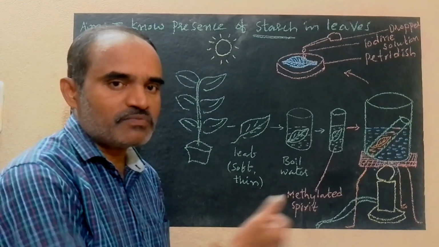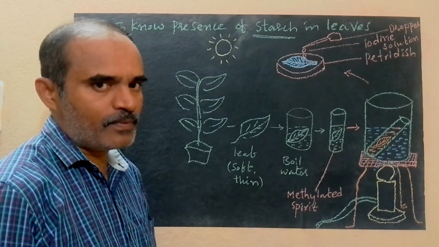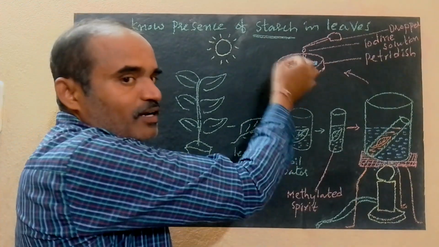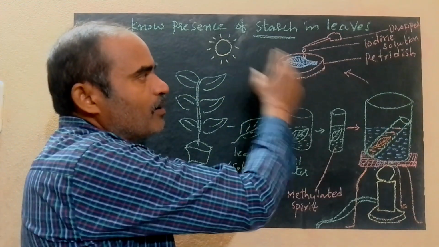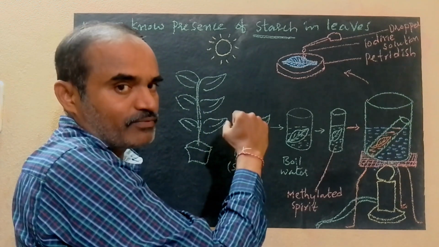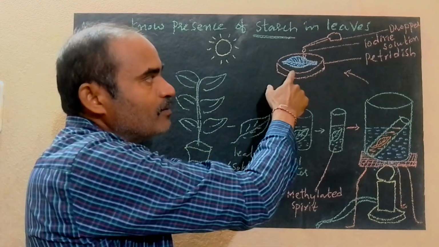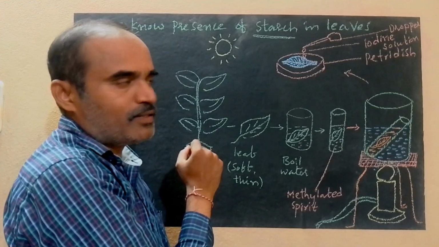Rinse with water and place the leaf in a petri dish. Spread the boiled leaf in the petri dish.